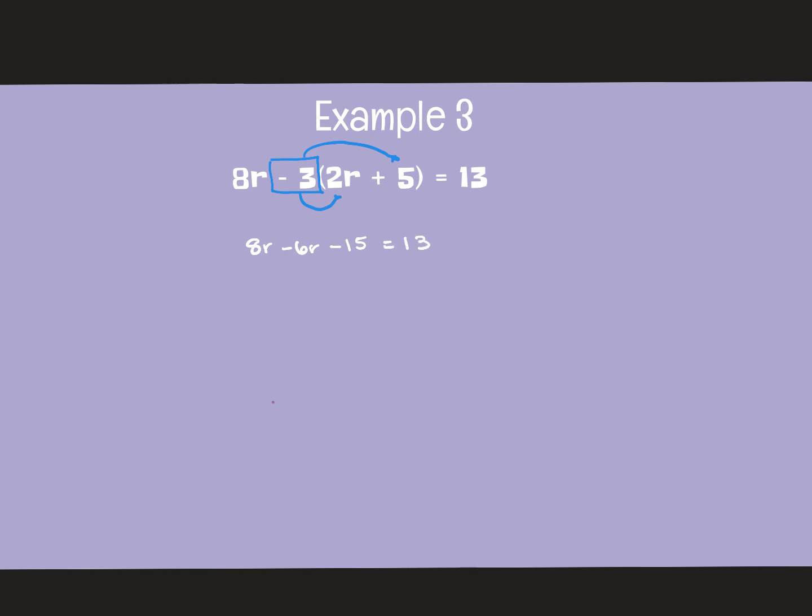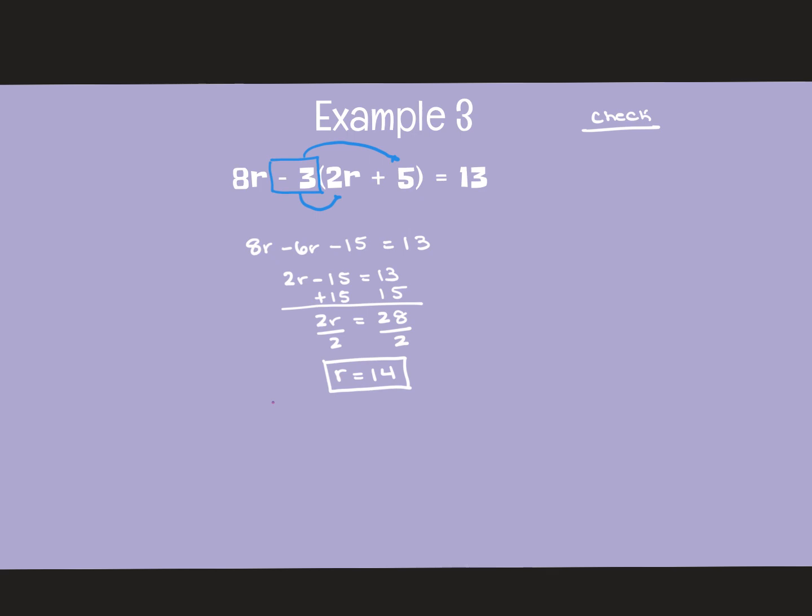Now I can see that I have two variable terms, which are r terms. So I have 8r minus 6r, which is going to give me 2r minus 15 is equal to 13. I'm going to add 15 to both sides. I get 2r is equal to 28. Divide both sides by 2, and I get that r is equal to 14. Again, I can check my answer.